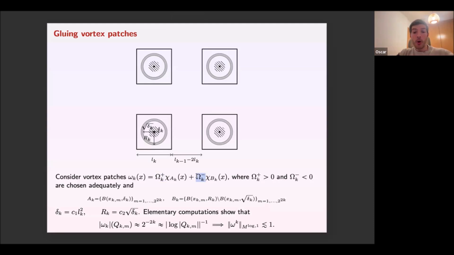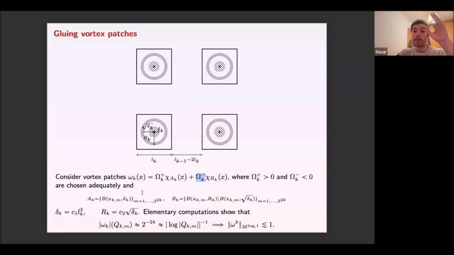And this is done in order to get that the integral of omega k over this cube is 0. As a consequence, the related velocity uk still lives inside of this cube.